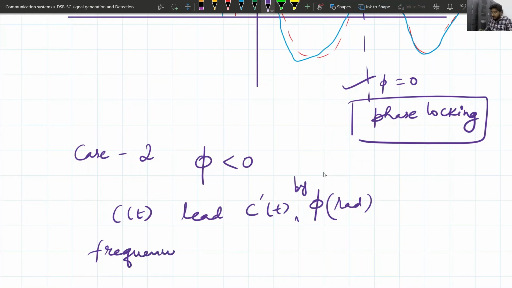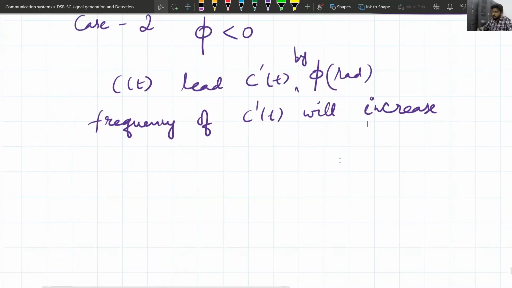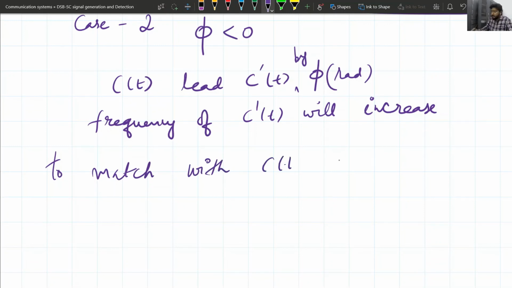The frequency of c dash t will increase to match with c(t) until the phase locking occurs.